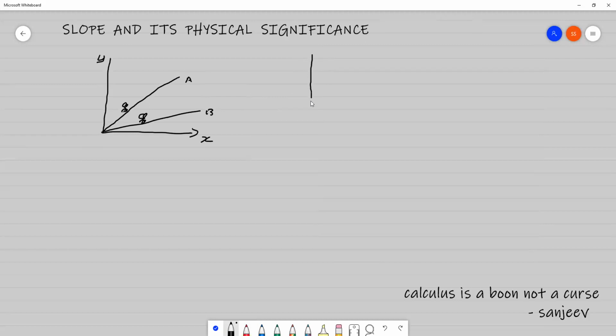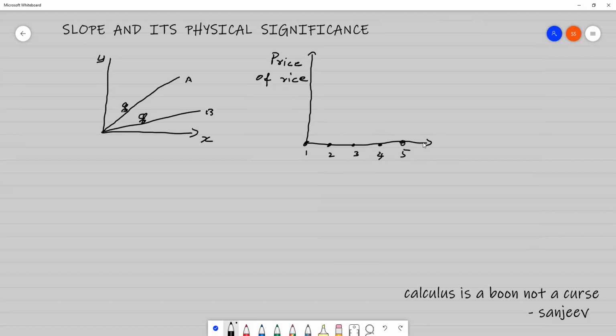Suppose I have the y-axis and the x-axis here. Let the y-axis represent the price of rice, and the x-axis represent the time, maybe the days: day 1, day 2, maybe Monday, Tuesday, day 3, day 4, day 5, day 6.